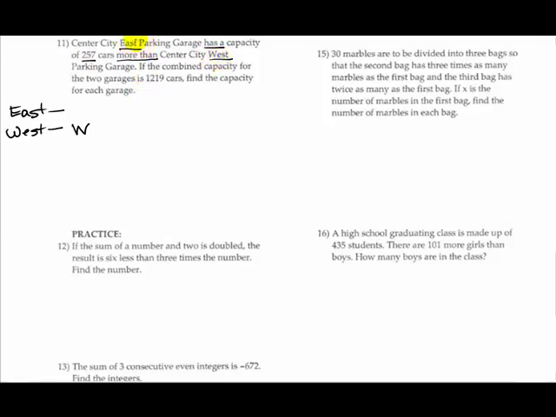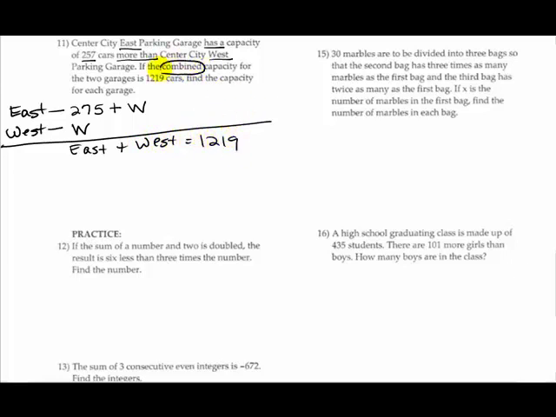So the east is 257 more than the west. Then we have to write this in an equation, and it's east plus west equals 1219. Combined means we're going to add.